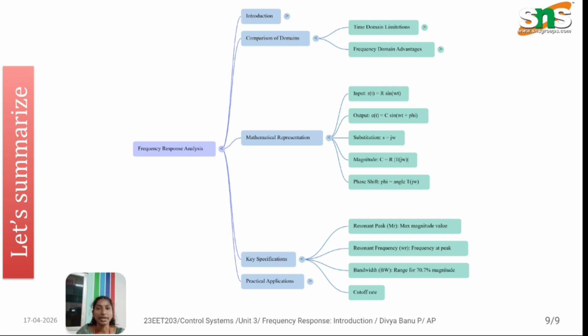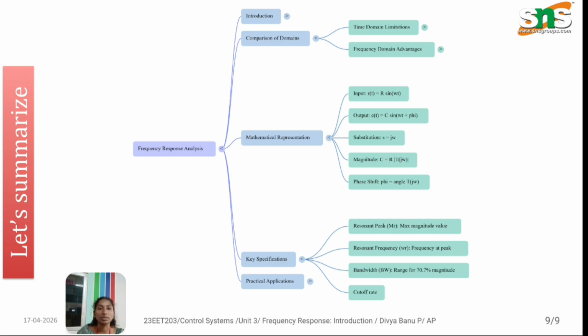So let us summarize what we discussed in this video. It was an introduction to frequency response analysis, in which we learnt about the comparison between the time domain and the frequency domain and the advantages. Compared to time domain limitations, there are many advantages in the frequency domain.